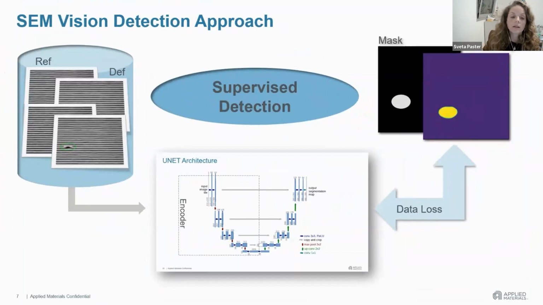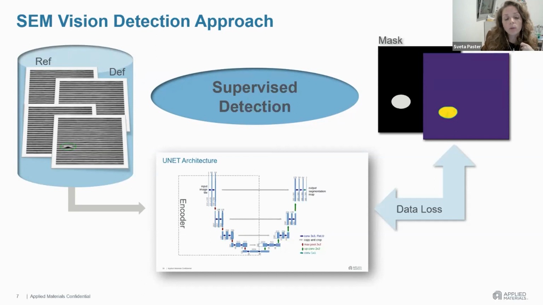Our input data is a pair of images, where one of the images is a defect image, where you can see in green the annotation of the defect, and its pair is a reference image, which has the same pattern as the defect image but is clean from defects.